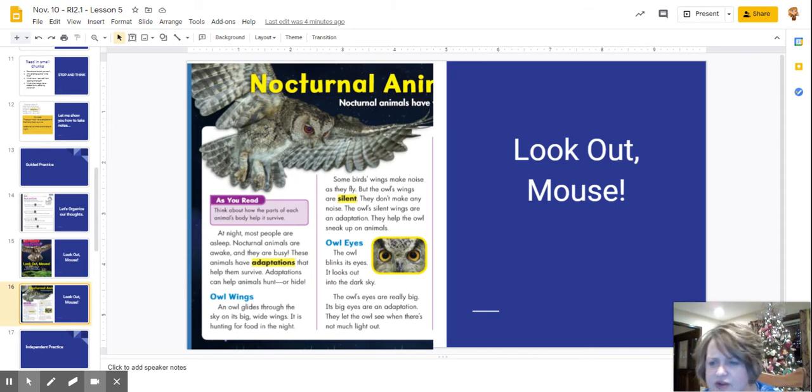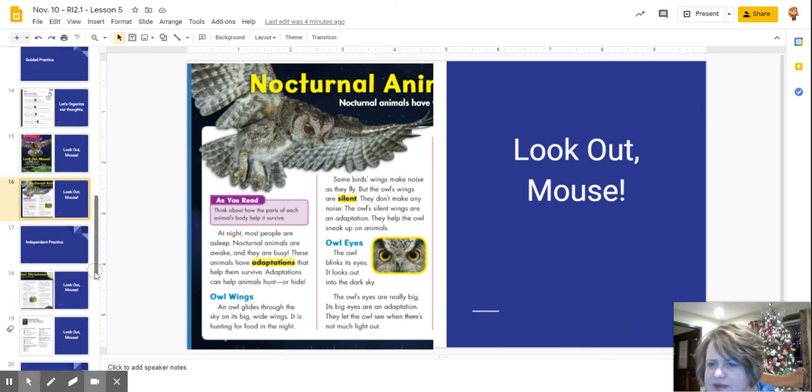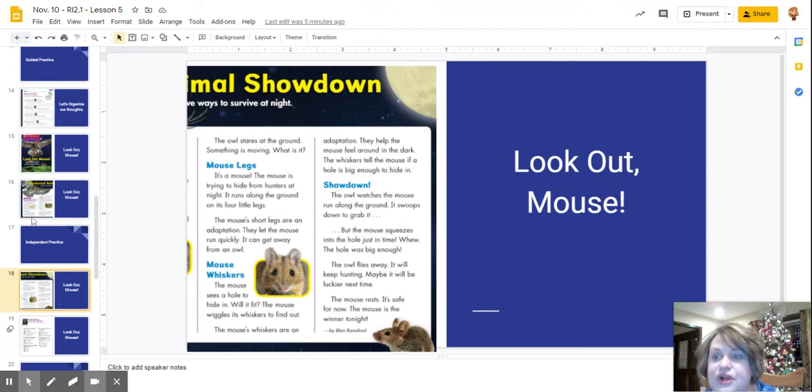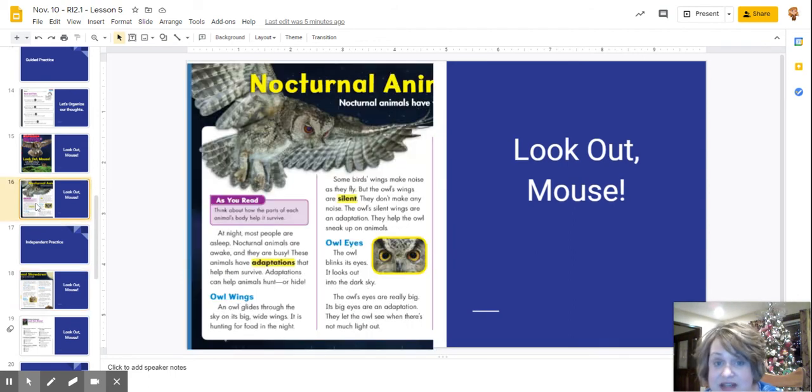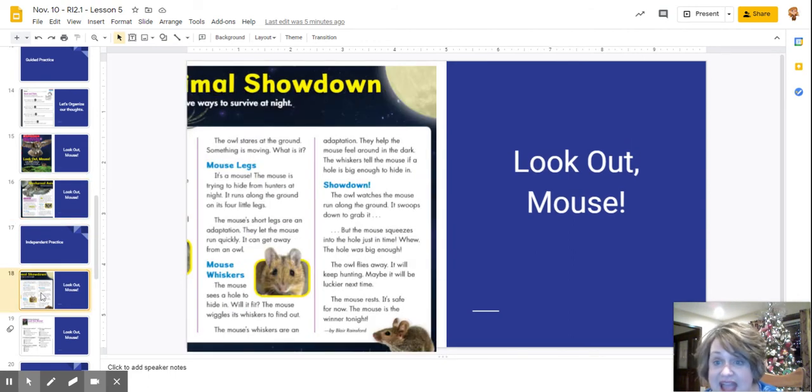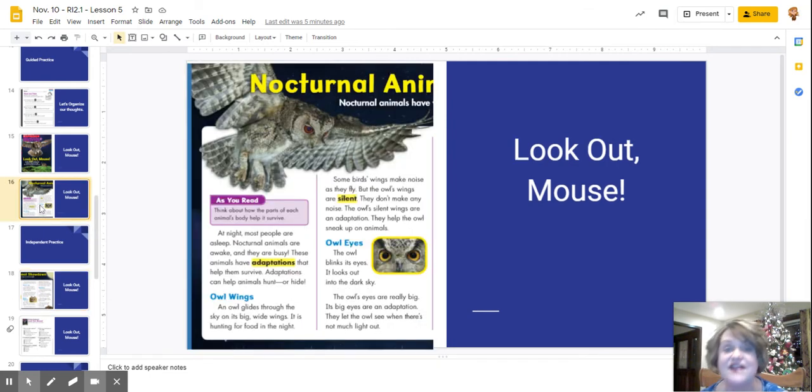Now, the only title that I have is this nocturnal animal. And if I stick that side by side with your independent practice, it says nocturnal animal showdown. Nocturnal animals have ways to survive at night. So that's our heading. Ways to survive at night for nocturnal animals.